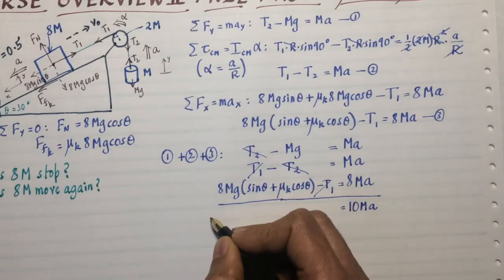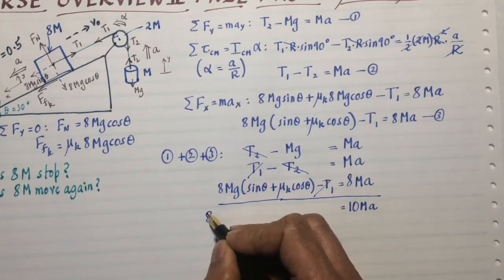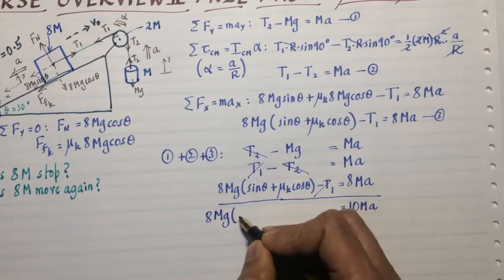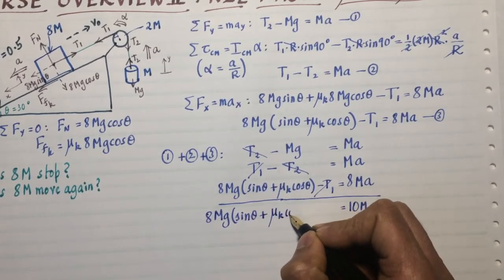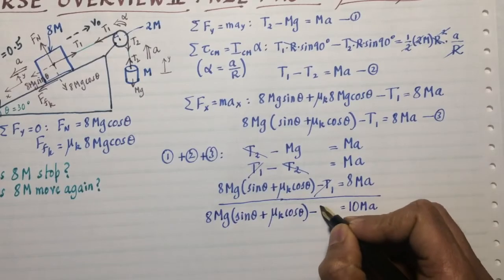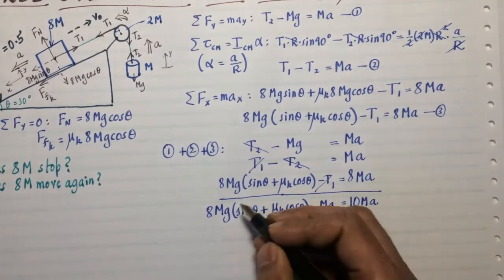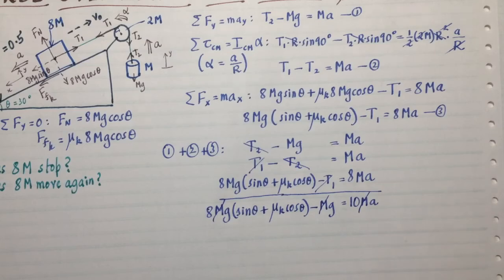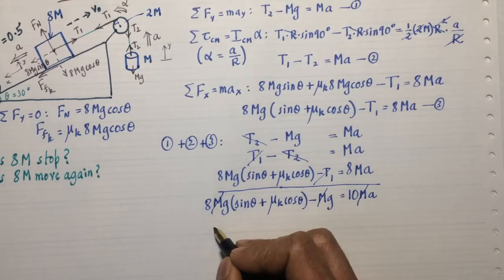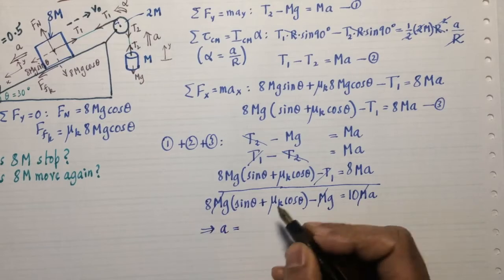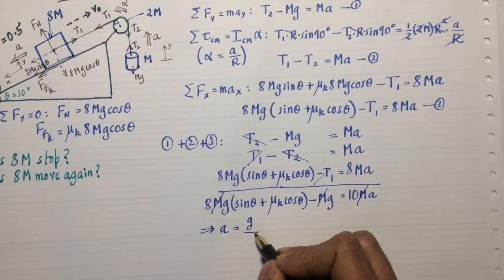The tensions cancel out, and I just have here 8mg sine theta plus mu kinetic cosine theta minus mg. M also cancels from both sides. And finally, the acceleration is the whole thing divided by 10. Acceleration is g over 10.